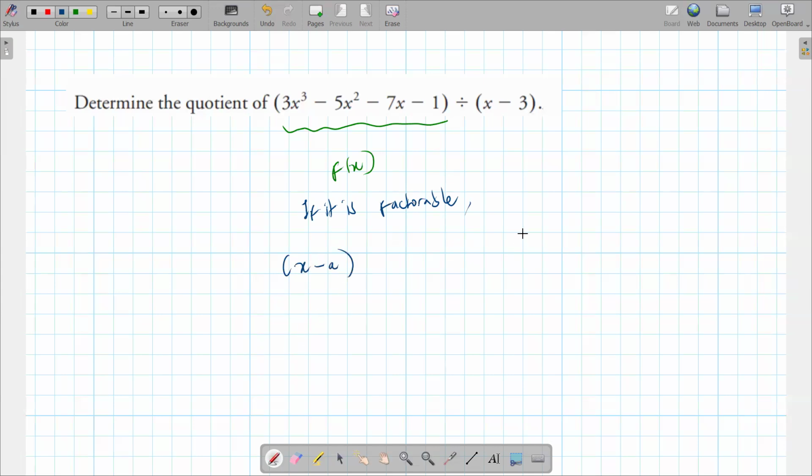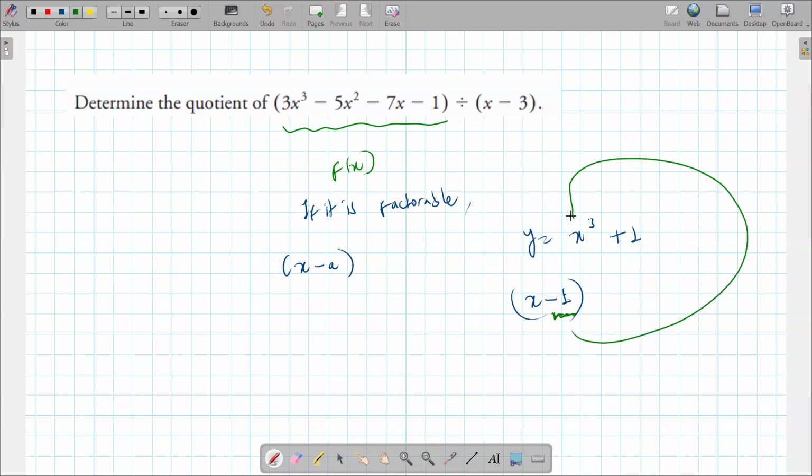If it is factorable, which automatically means there's an x-intercept, then a factor exists in this form, x minus a. For example, let's say your y is x cubed plus 1, and then let's say our divider is x plus 1.